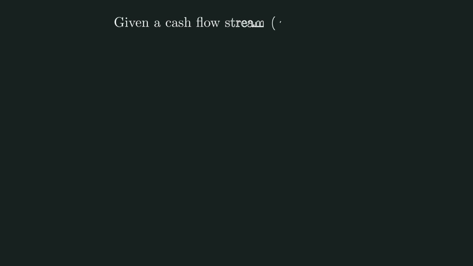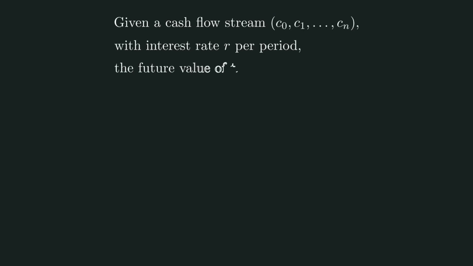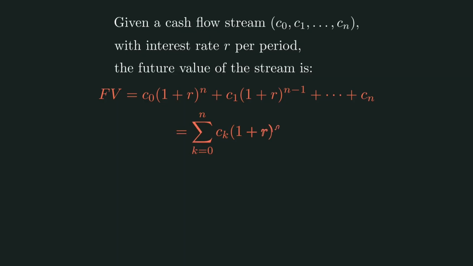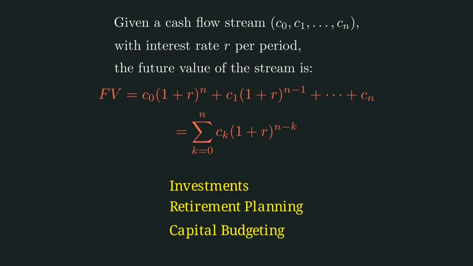Generally, given a cash flow stream C0, C1 up to Cn, with interest rate R per period, the future value of the stream is given by this formula, and using the summation notation, it can be described by the sum over k from 0 to n of Ck times 1 plus R to the power of n minus k. This is applicable in these areas.